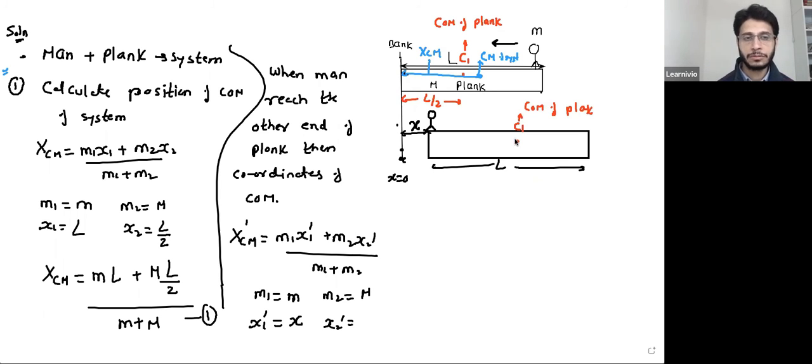See, this is origin, this is C1, this is x2 prime. This is x and this much is L by 2. So then L by 2 plus x. This is origin and this is the center of mass of the rod. If this distance is L by 2, then from the origin this will be L by 2 plus x.